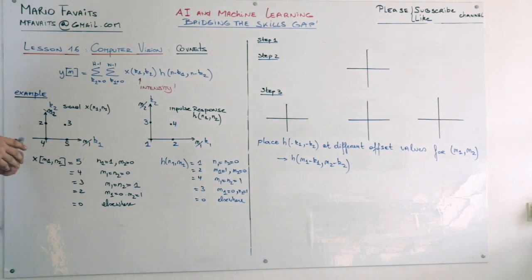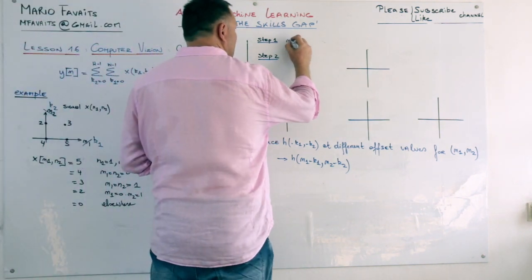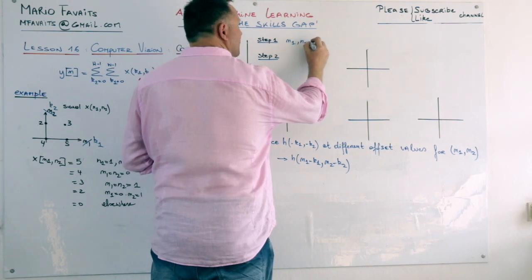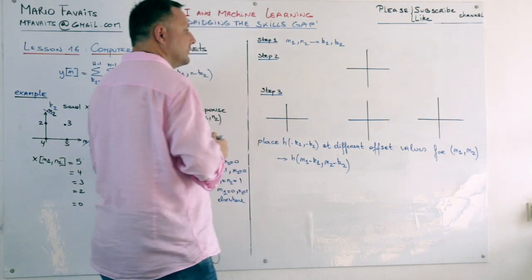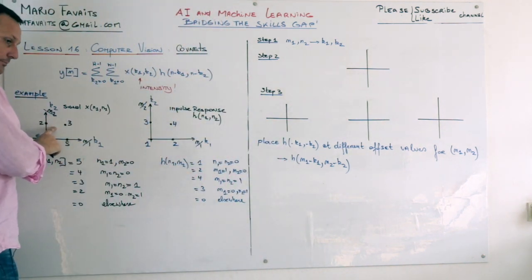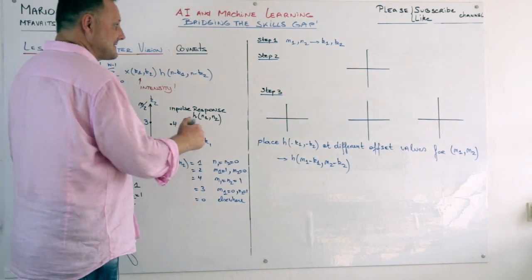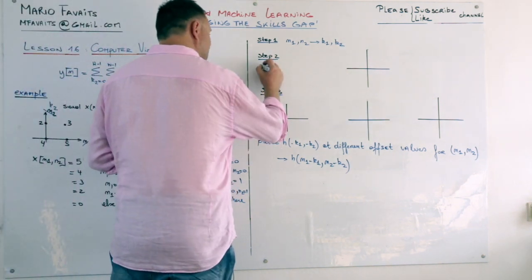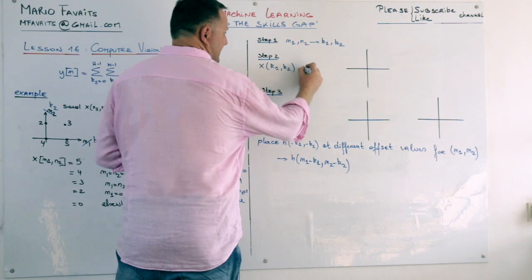So we had n1 and n2, and we swap to k1, k2. Now in step 2, we decide to keep the arbitrary sequence as is, so it's X of k1, k2 as is.